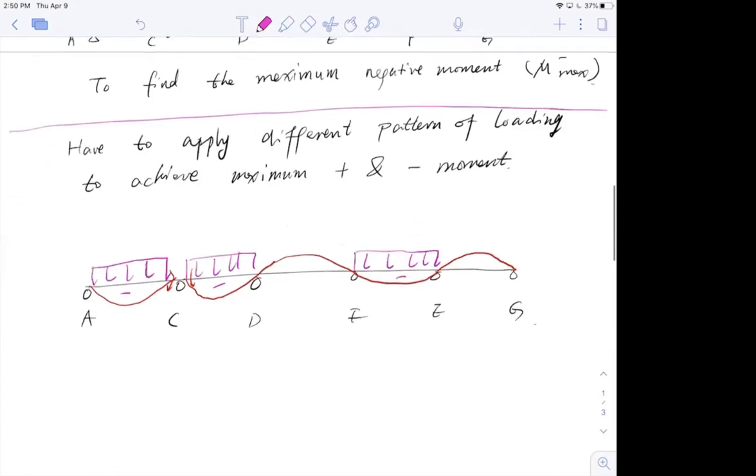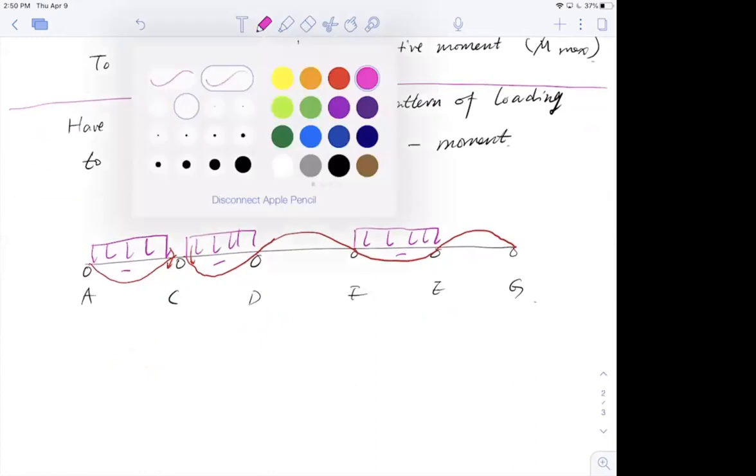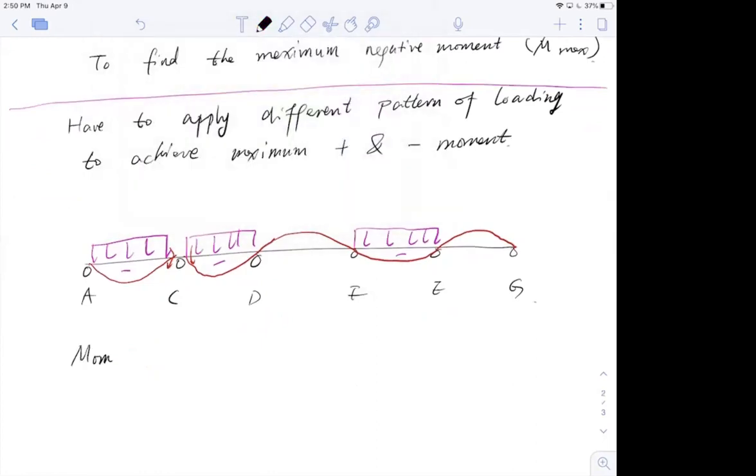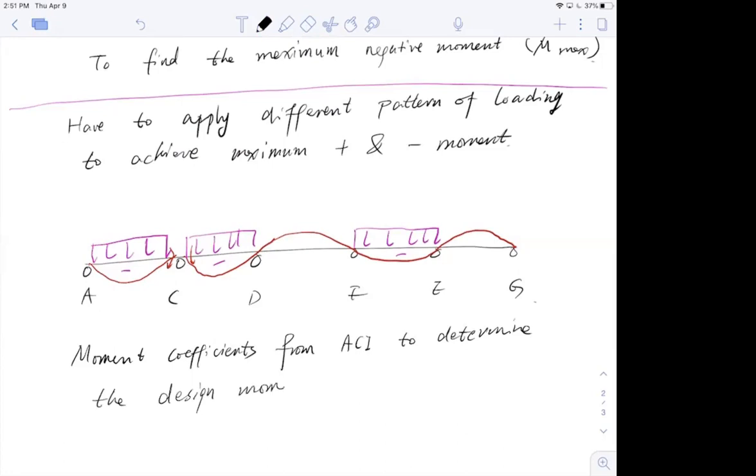Okay, so we actually need a moment coefficient from ACI to determine the design moment at each location.